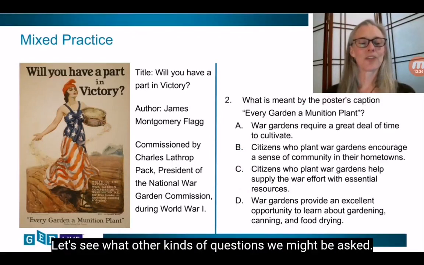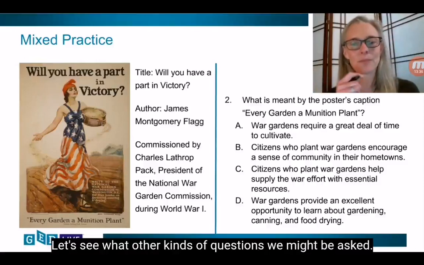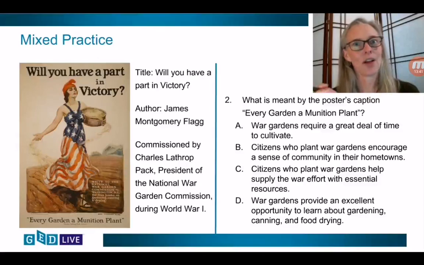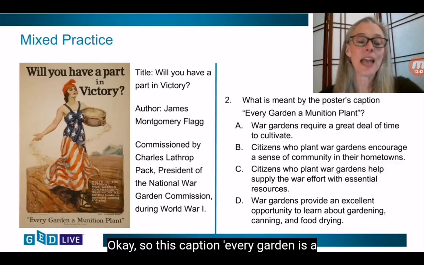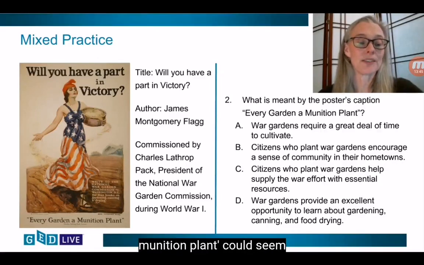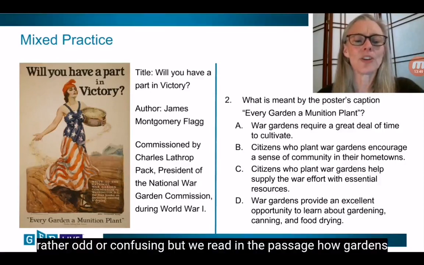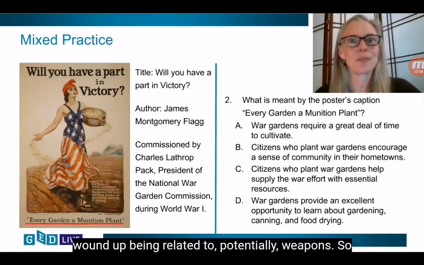Let's see what other kinds of questions we might be asked. What is meant by the caption? Okay, so this caption, every garden a munition plant, again, could seem rather odd or confusing, but we read in the passage how gardens wound up being related to potentially weapons, right?